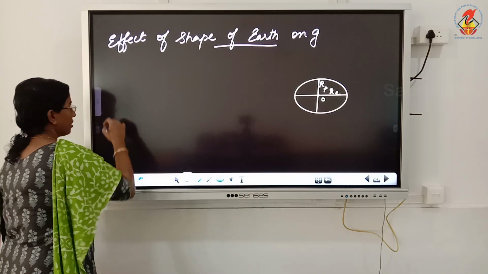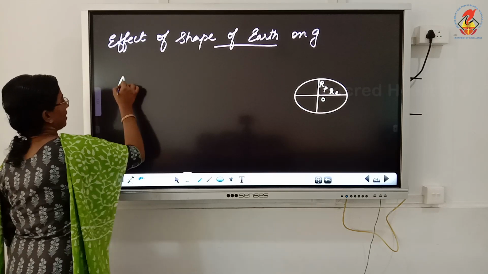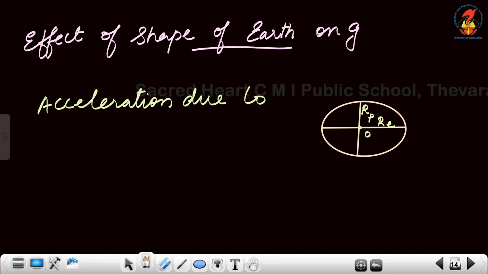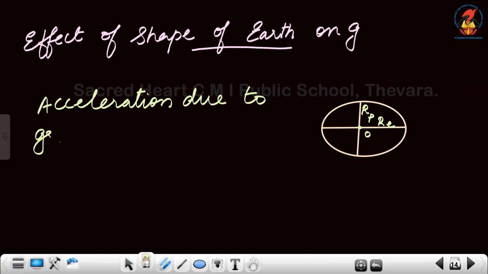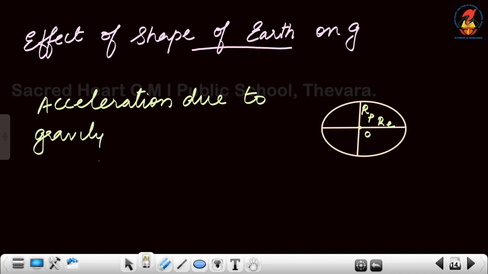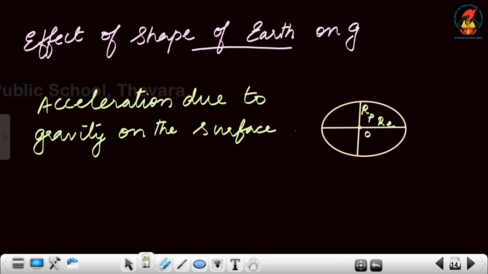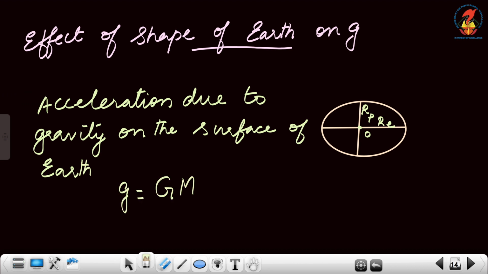Now according to the equation of acceleration due to gravity on the surface of the earth, we can write g is equal to GM divided by R square.